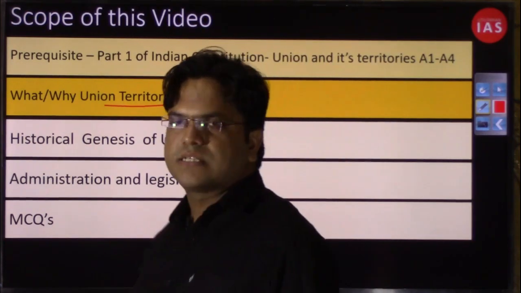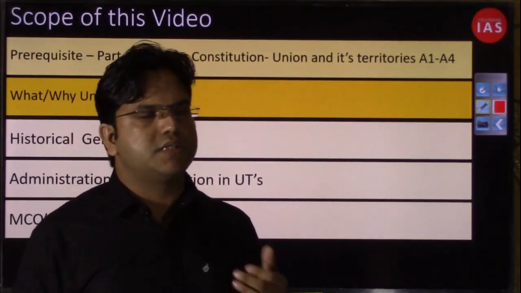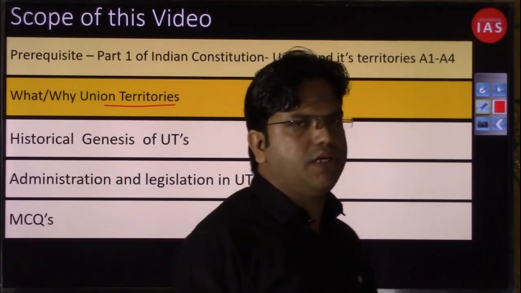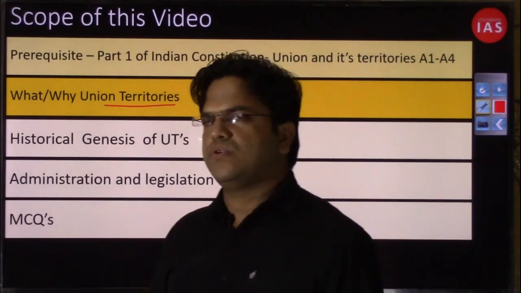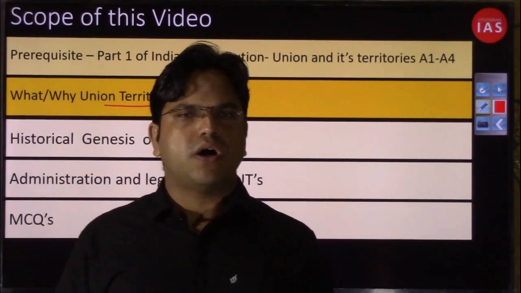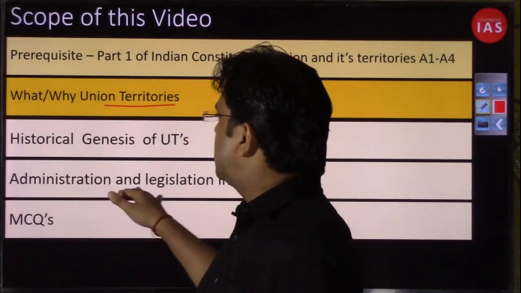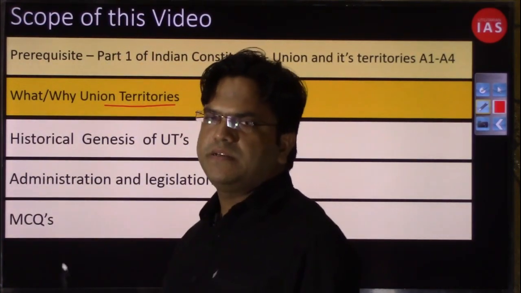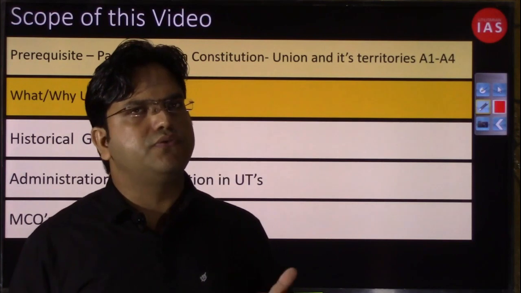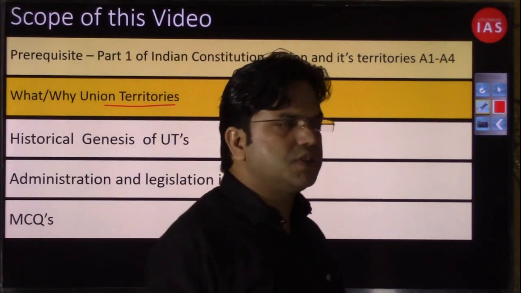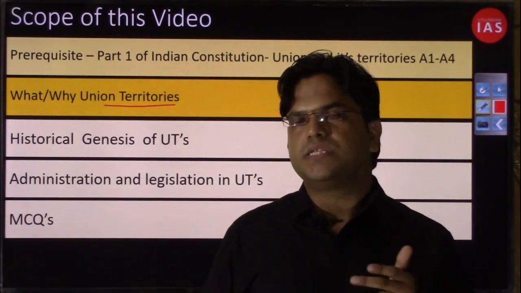And then we'll discuss how the union territories like Dadra and Nagar Haveli, Daman and Diu, Lakshadweep, Andaman and Nicobar, Puducherry, J&K are administered. We'll see the classification of union territories as well. You have 2 levels of classification among these union territories.